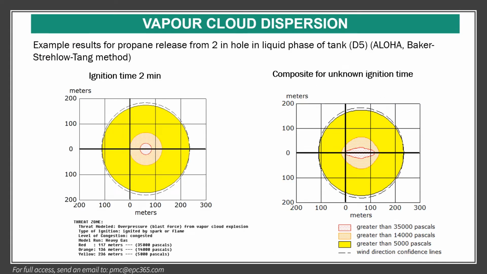In ALOHA, you can use the vapor cloud. For example, you can use a 2-inch hole in a liquid phase tank, D5, and you can use the Baker-Strehlow-Tang method.